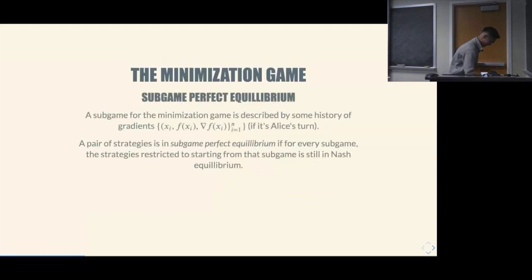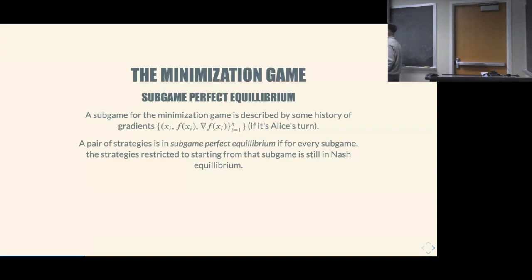Anyways, this leads to a game theoretic term, the notion called subgame perfect equilibrium. This is a little bit of appropriation of the term because they really wanted to model something different when they used this term.